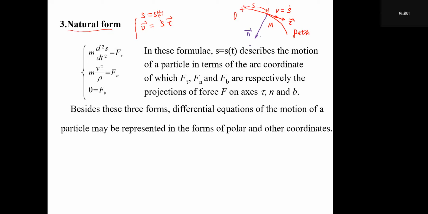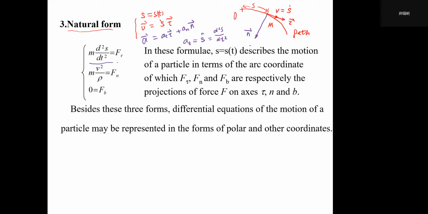So the acceleration equals a_tau along the tau direction and a_n along the n direction. a_tau equals s double dot, which is d squared s over dt squared, and it only gives the rate of change of the magnitude of the velocity.